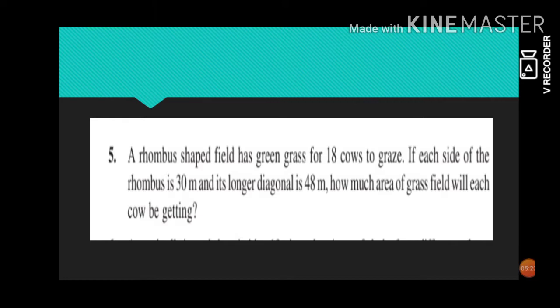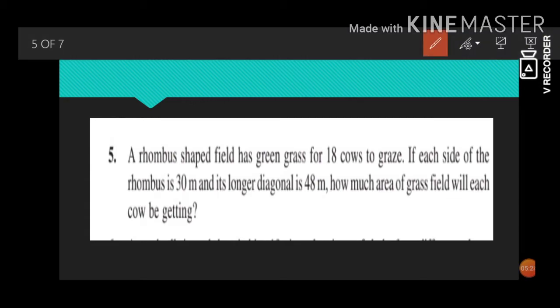So first we have our quadrilateral. The quadrilateral is a rhombus, and in the rhombus we know all four sides are equal, so all four sides are 30 each, and the longer diagonal, which is obviously this one, is 48.